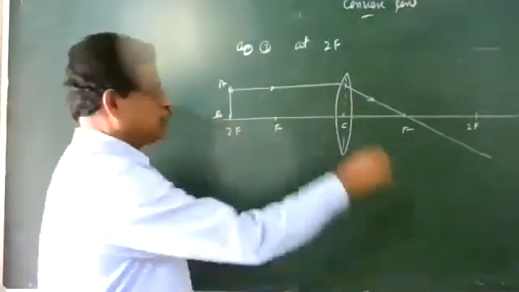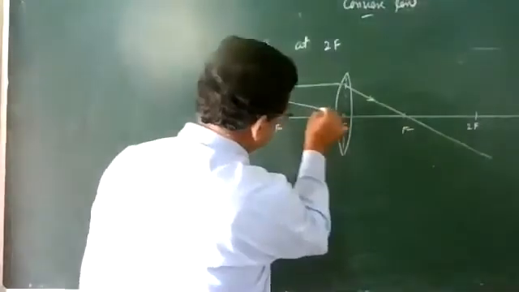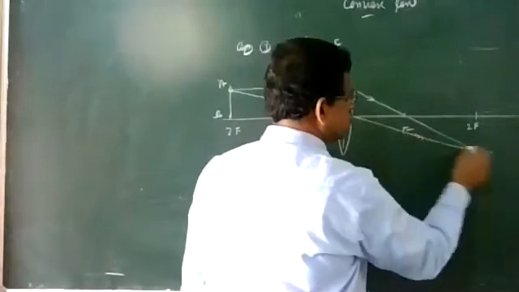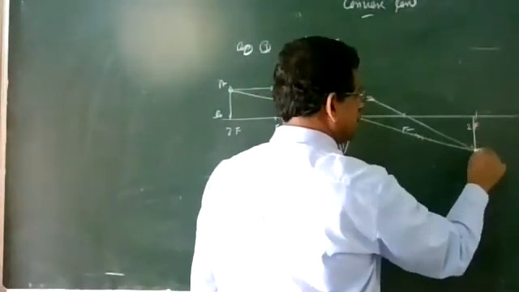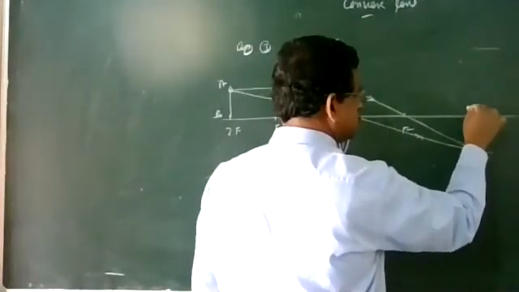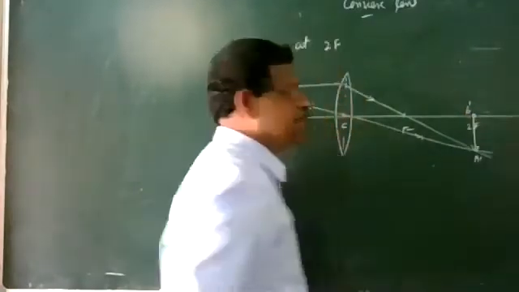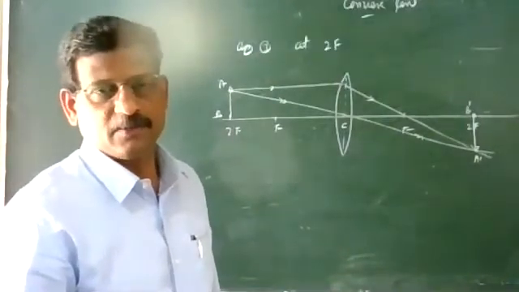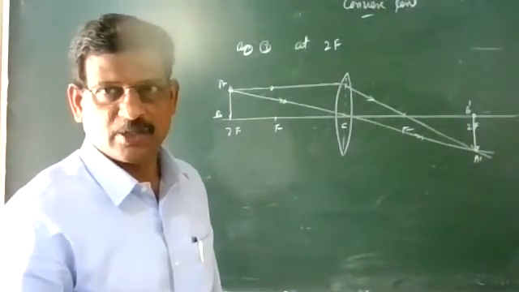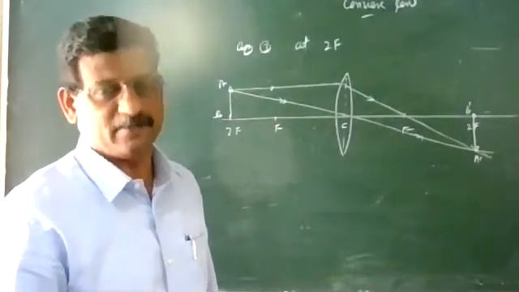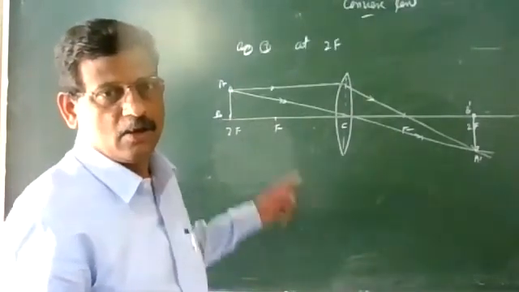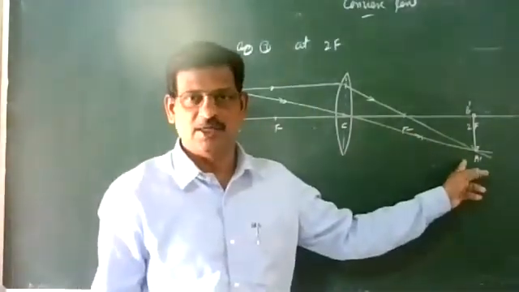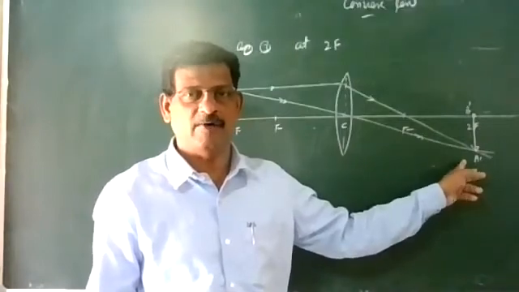Second ray passing through the optic center goes without any deviation. Both are meeting at this point here, and it is at 2F on the other side. You can see the size of the image is the same as the size of the object. Object is at 2F. Real inverted image is formed at 2F and of the same size.